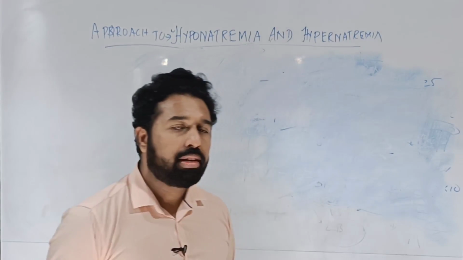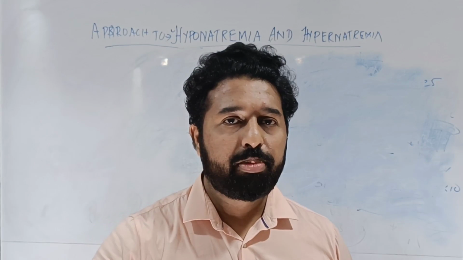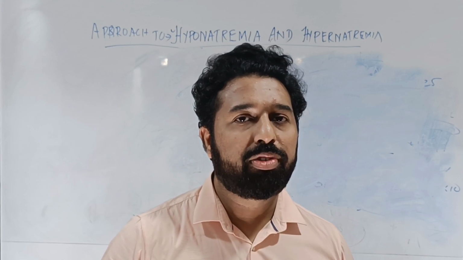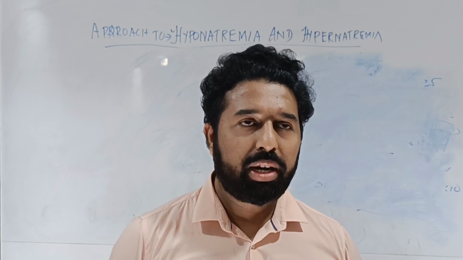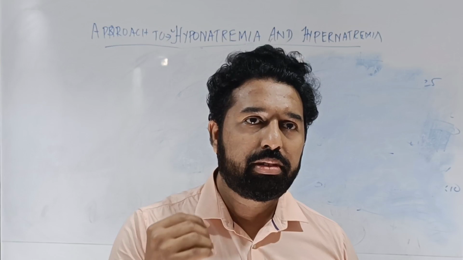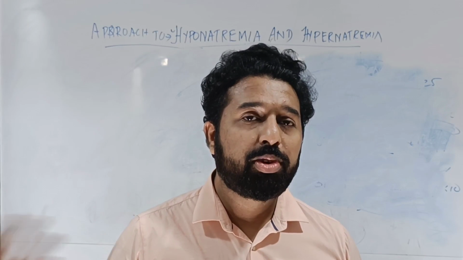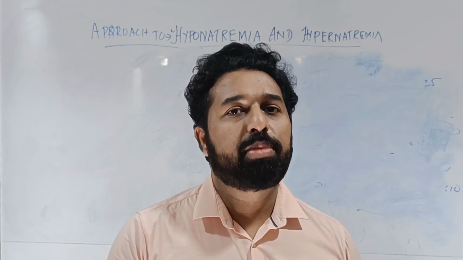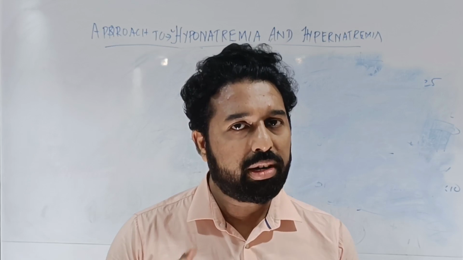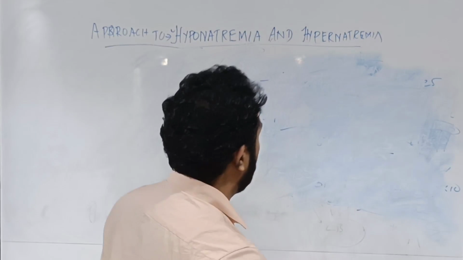Now the second important concept is that many times we get referrals for correcting hyponatremia that has been present for around 3 or 4 days. One important thing to remember is, if the sodium is low for more than 48 hours, then even a little amount of 3% NS, even less than 8, will cause a sudden shift in osmolality.